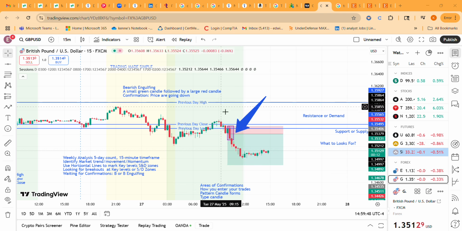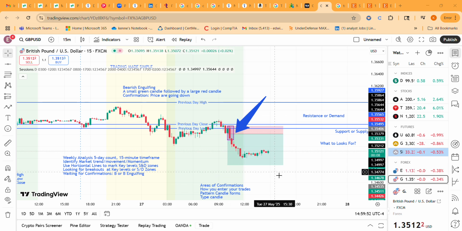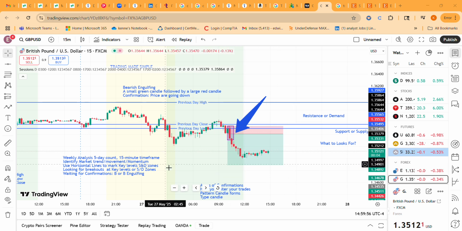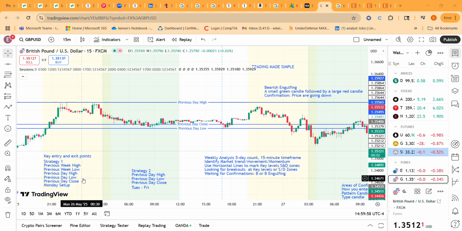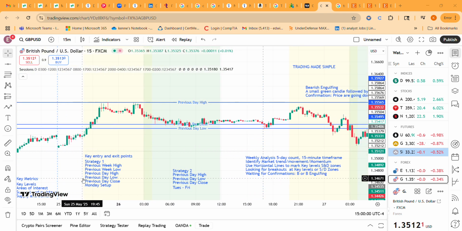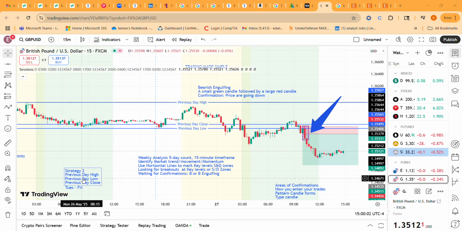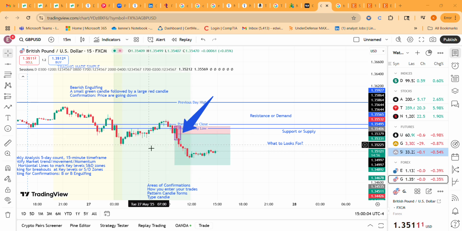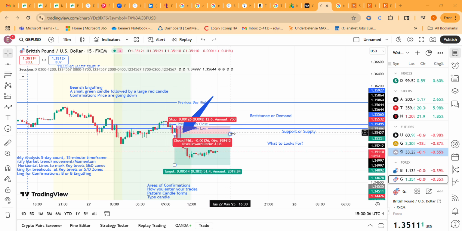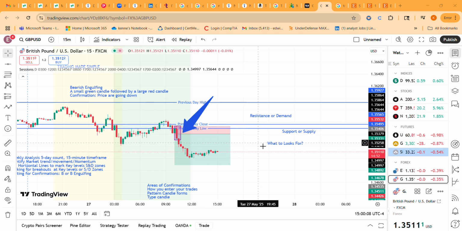So that's a confirmation to start selling. And remember, where do we sell? We only sell at a specific key level area or an area of interest, so at the supply or resistance area or at the key level area.